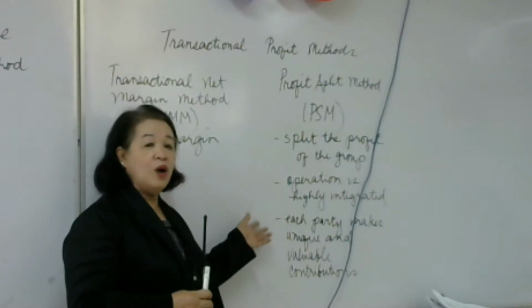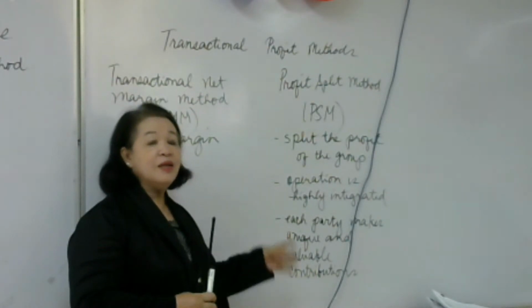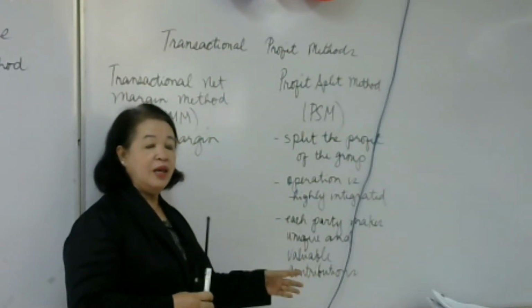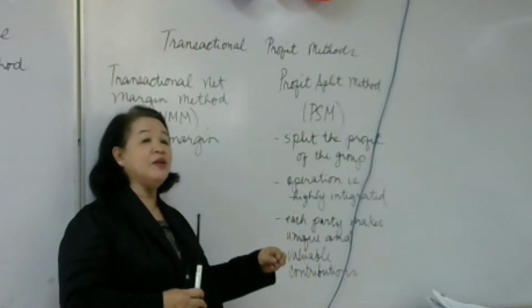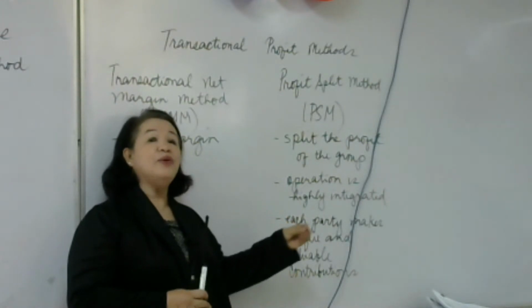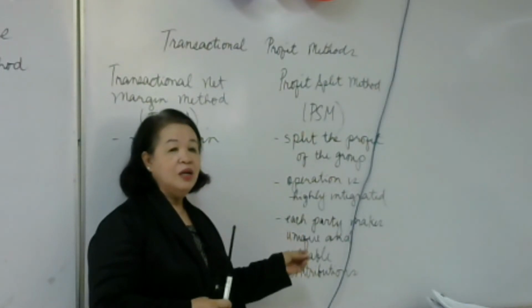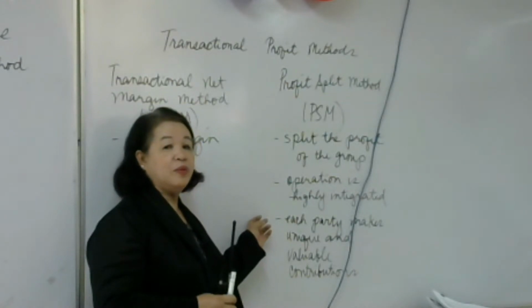Pero sa totoong buhay, since group yan, and it is owned by the same person, irrelevant sa kanila kung kaninong company yung profit. Why? Because the same group owns the profit. So whether it belongs or nandoon yan sa isang company, it doesn't matter to them. No? Kanino lang na matters na you have to determine the profit of its company.